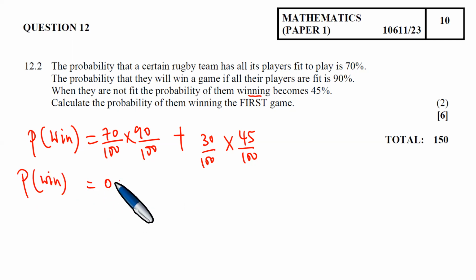So that is 0.7 times 0.9, plus 0.3 times 0.45.